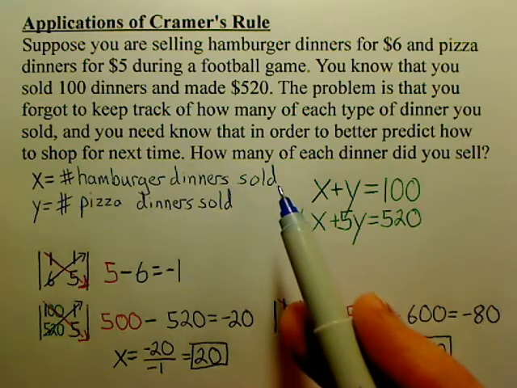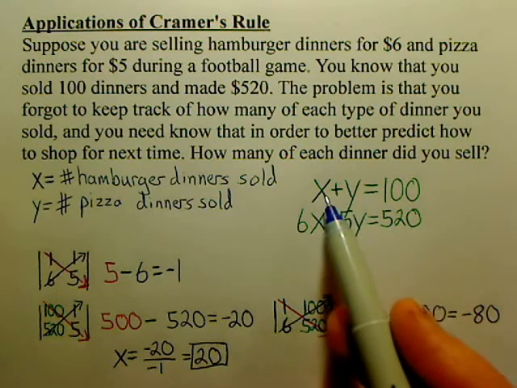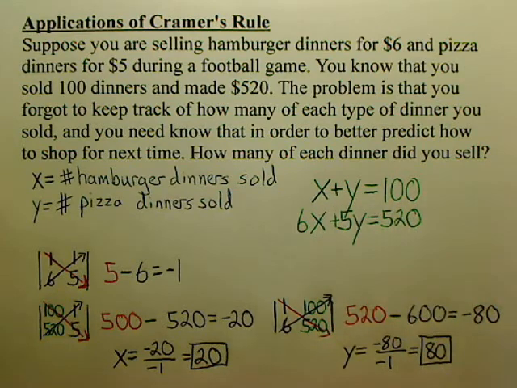Now could you hopefully figure out the next answer is going to be 80 just by plugging 20 in right here? You could. Or you could do the determinant again. To find y, you replace your y values with the answers. Multiply down, multiply up, subtract the two.